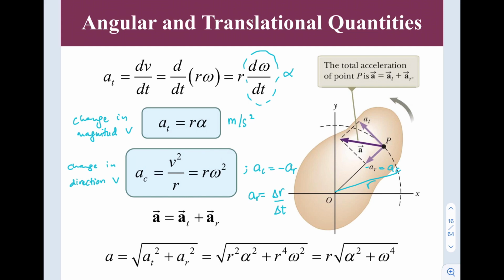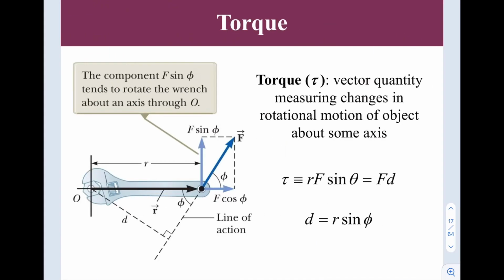So the real acceleration experienced by the object is actually a combination of AT and AR or AC. That is how we managed to get this equation finally.